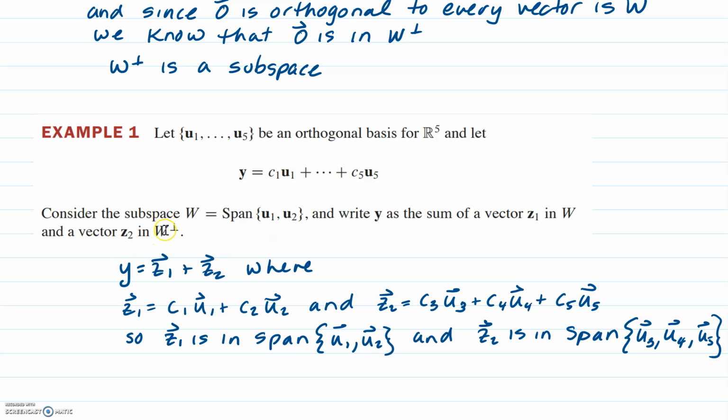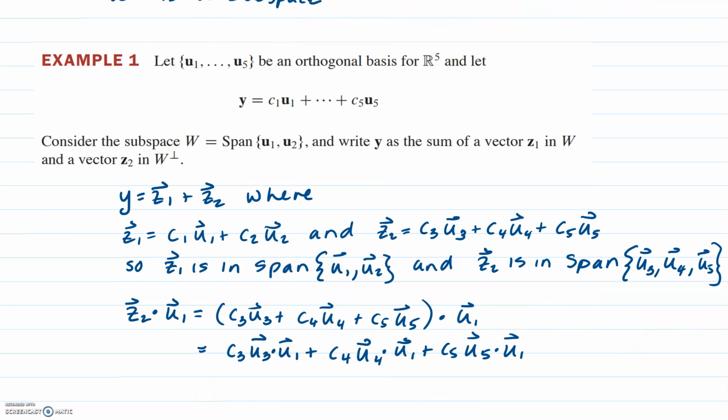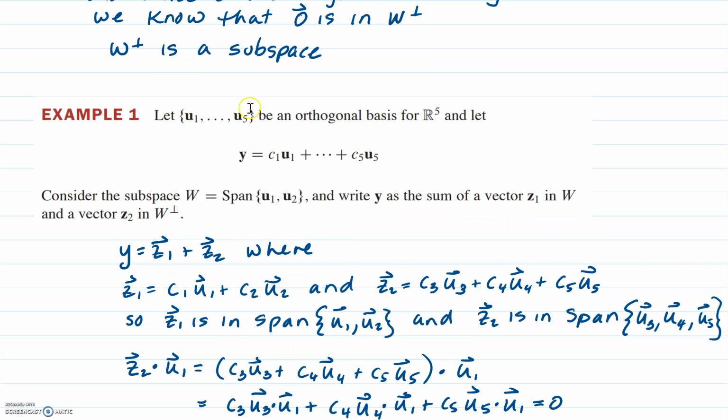So all we need to show is that z2 is in the complement of W. I'm going to look at z2 dotted with the vectors in W. First, z2 dotted with u1. We're going to get 0 since we let u1 through u5 be an orthogonal basis for R5. That means each vector in here dotted with any other vector besides itself is 0.